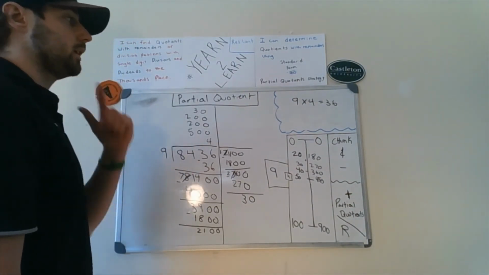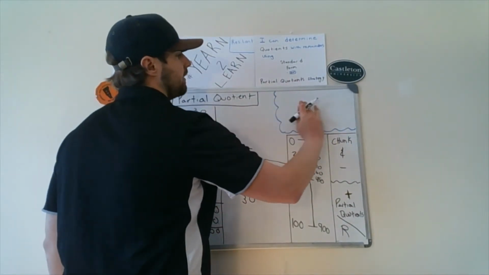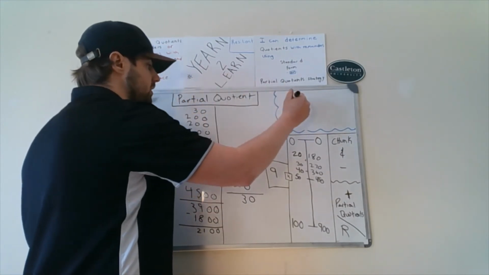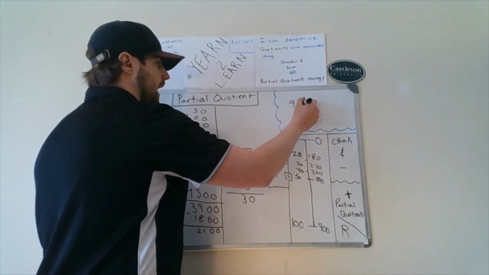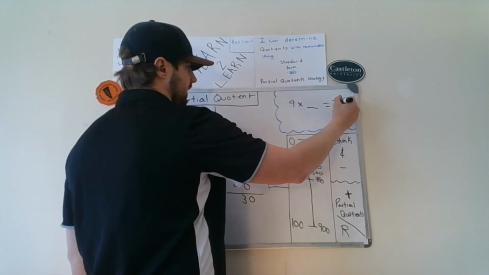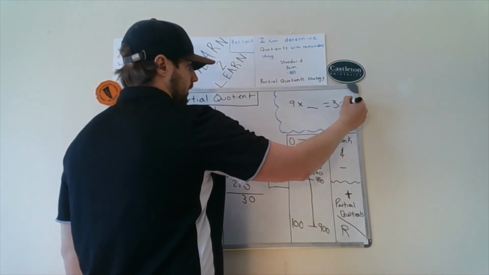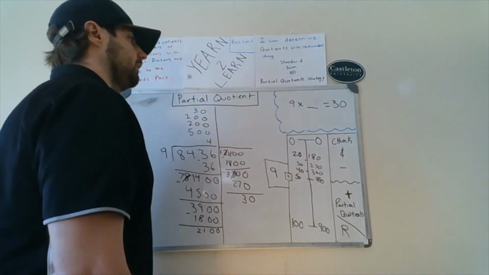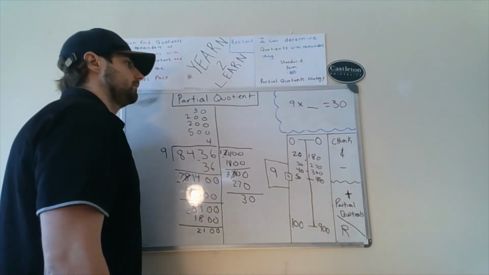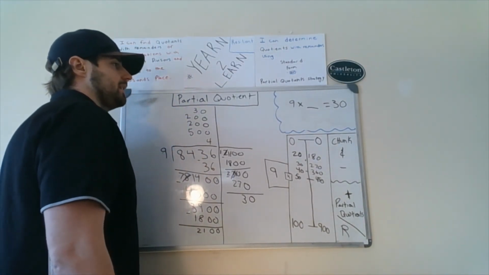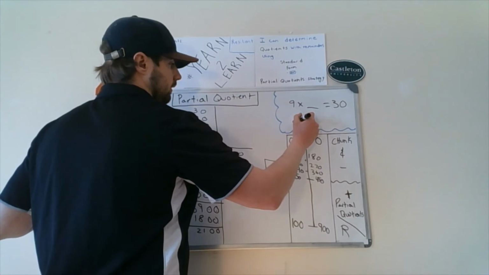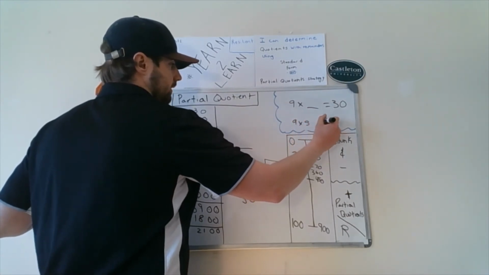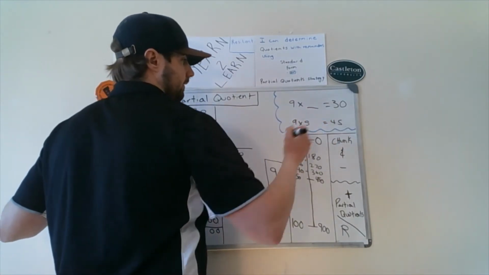Really small number. I now can just think to my mental math strategies. I'm thinking 9 times what number is going to get me as close as I can to 30 or equally to 30? Well, I know that 9 times 5 is 45.